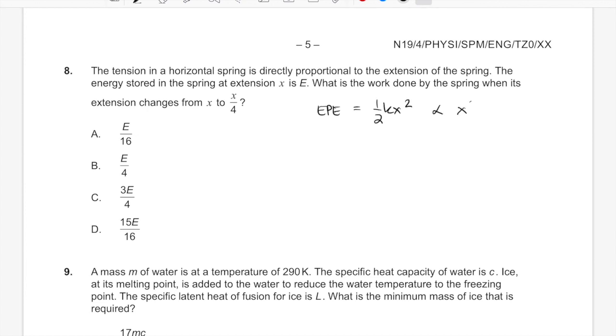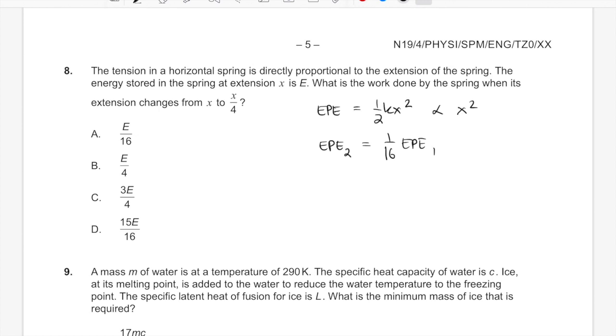Now, if we're looking at a displacement that is a quarter of x, then the potential energy is going to be 1/16 of the energy when it's stretched to x. So the second elastic potential energy is 1/16 of the first.